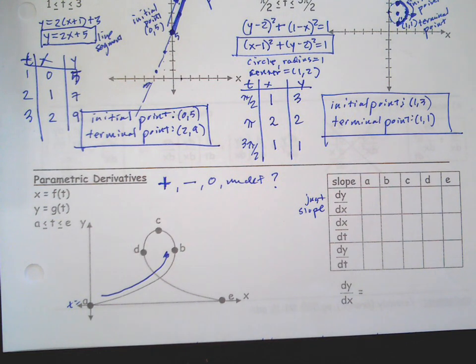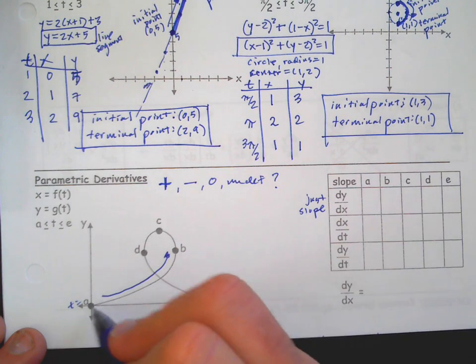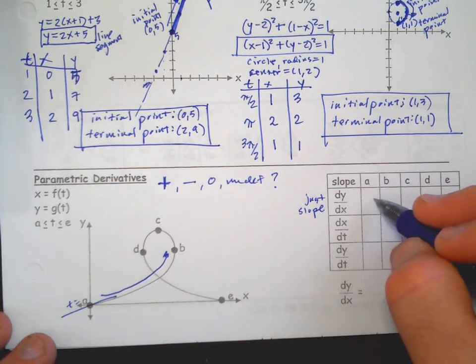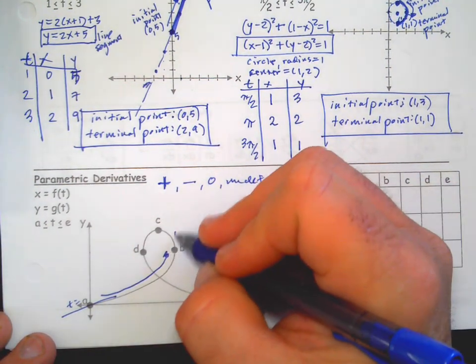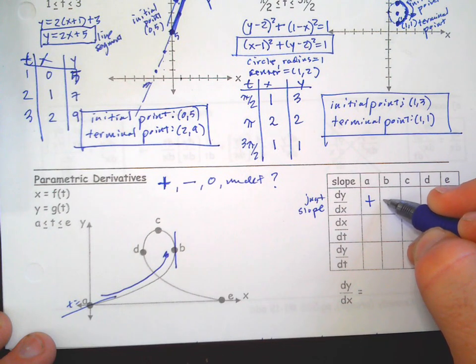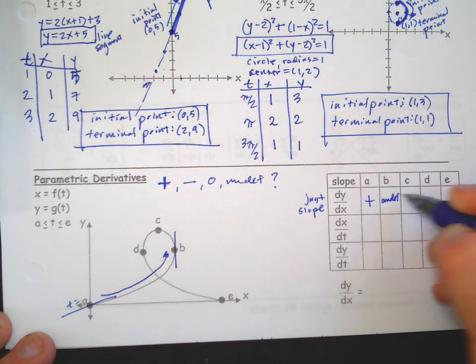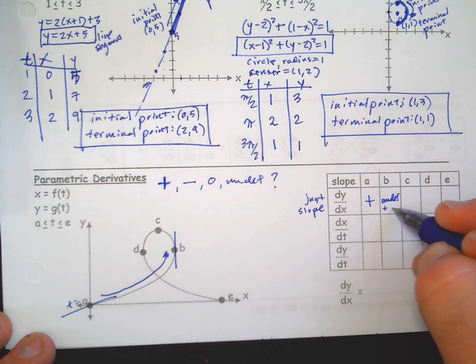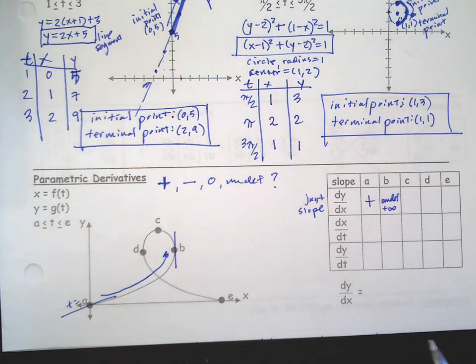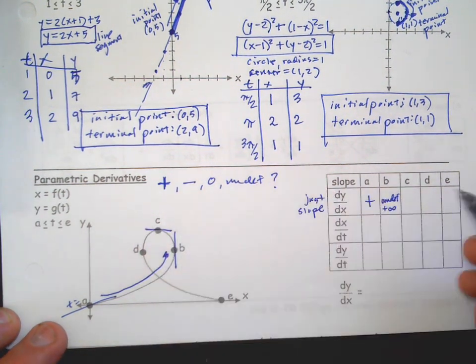So we can just take a look at that real quick and say, well, this would be the slope of a tangent line. So it would be positive here. It would be undefined here because it's vertical, infinite. It's positive infinity, but that's not a proper answer. At C, it's 0.